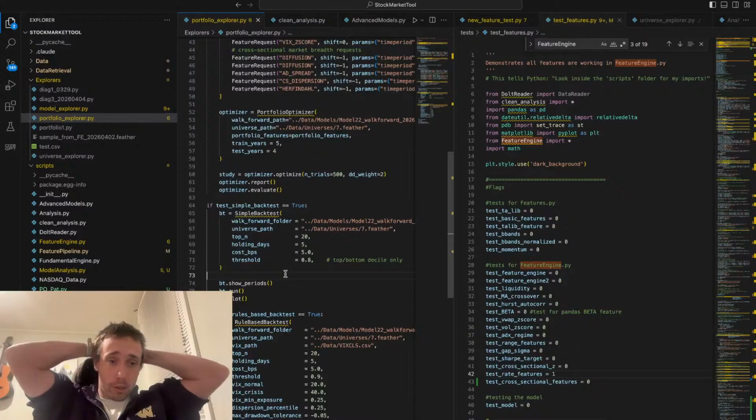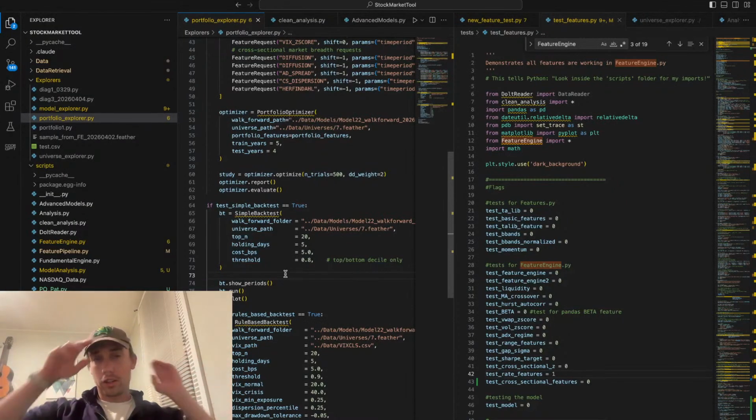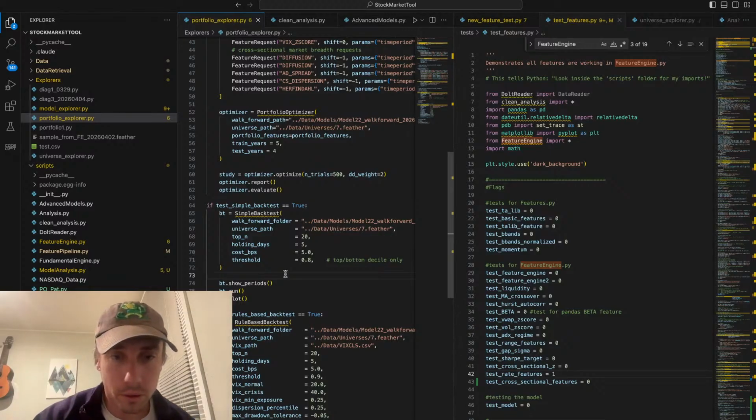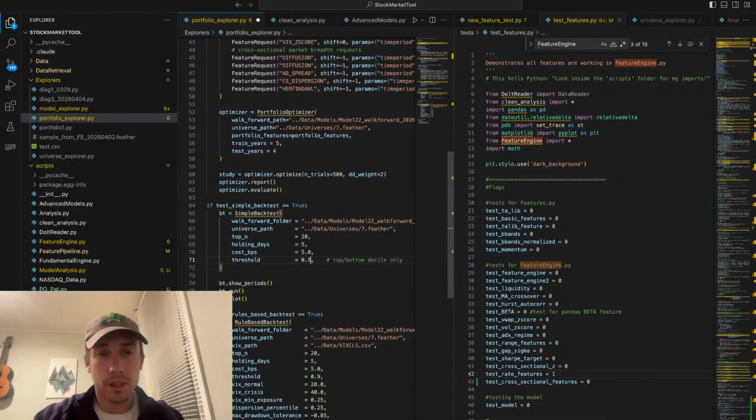So the portfolio model is trained on 5 days. So if I just say, okay, let's weight the portfolio, maybe I'll take the threshold out, give it 0.5. And so now it's shorting everything that's below 0.5 and going long on everything that's above 0.5.